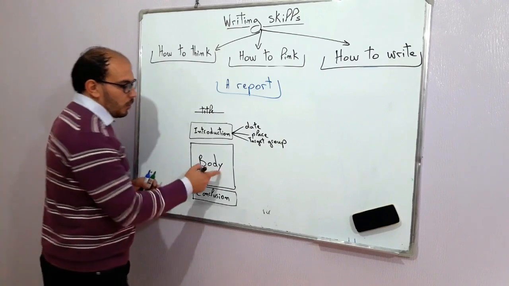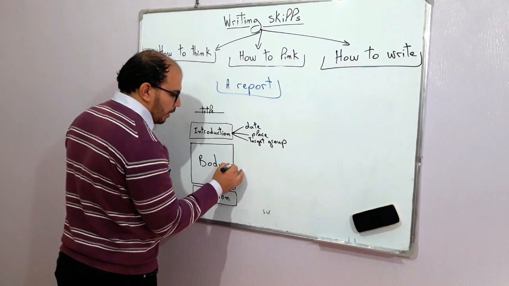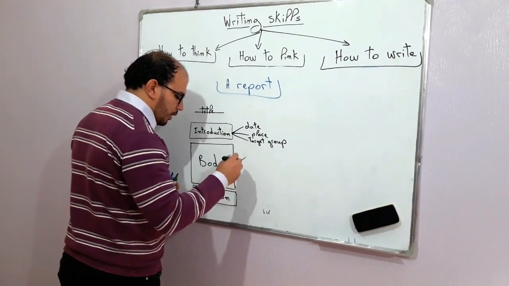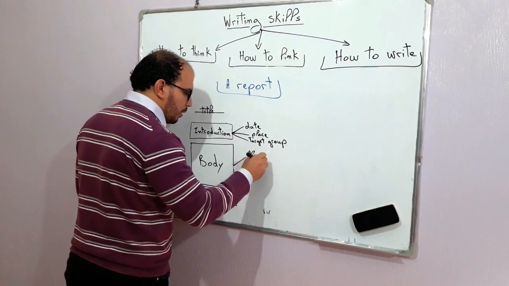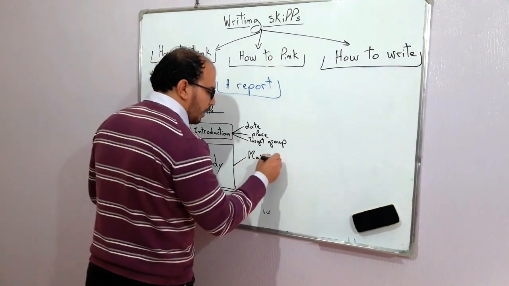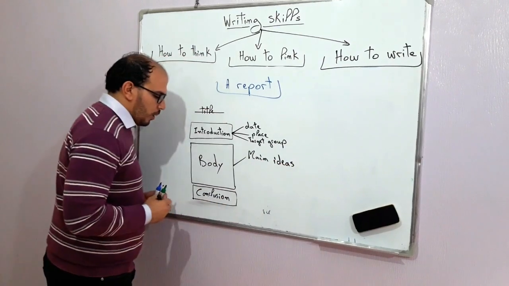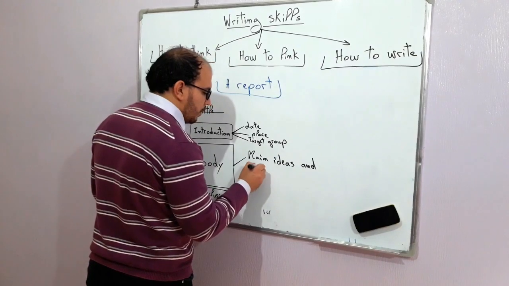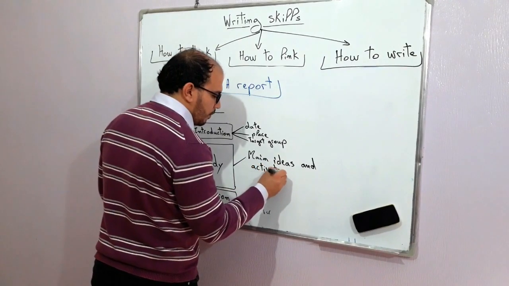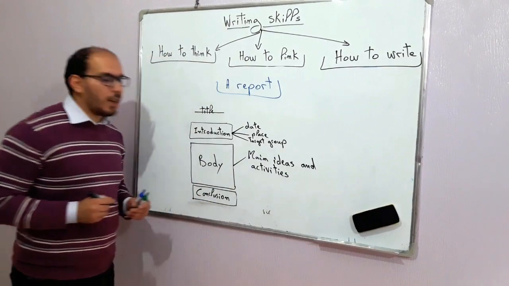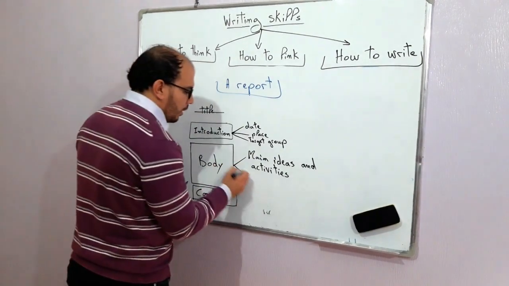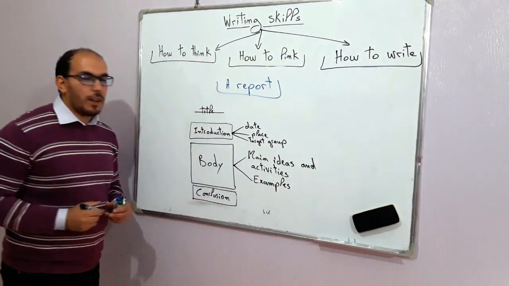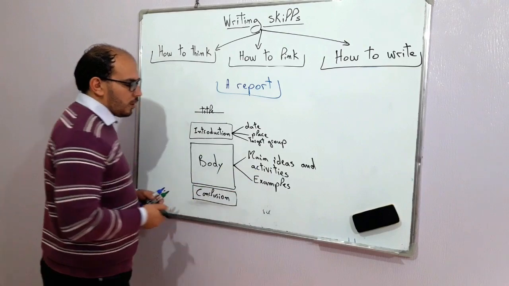For the body, there is also certain information that I have to mention. The first thing is, for example, the main ideas and the activities. I have to give also examples; I have to justify by giving certain examples.